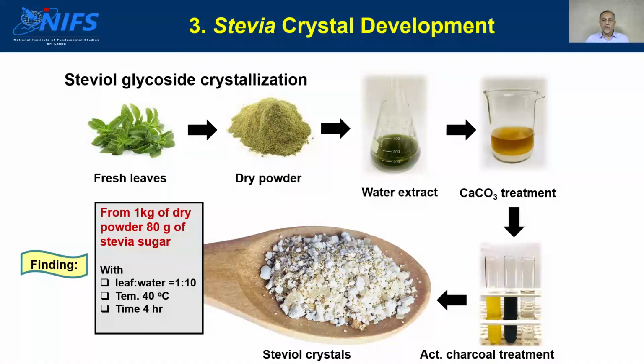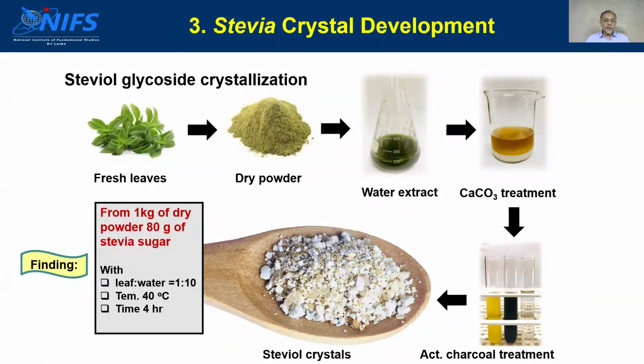In order to purify, we added a limited amount of activated charcoal into the solution so that we can recover a dark-free solution, which, when subjected to crystallization, gave us steviol crystals as shown in this slide. Our results show that from 1 kilogram of dry powder, we were able to recover 80 grams of stevia sugar.